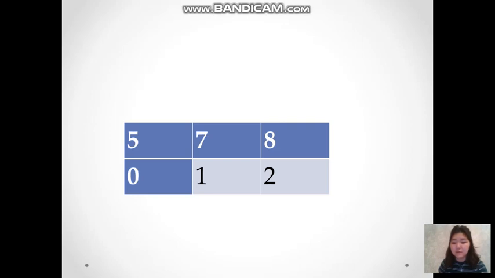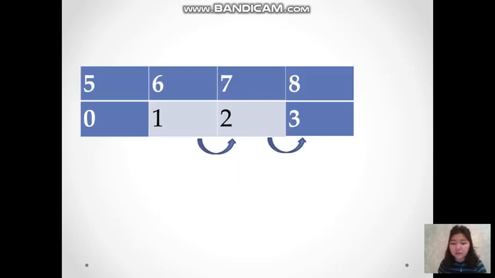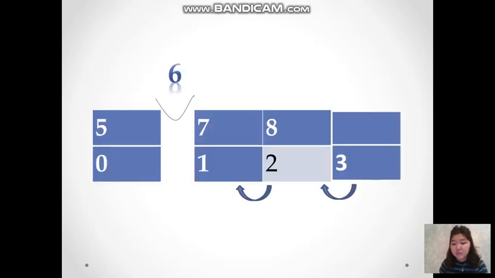It means 7 will take index 2, 8 will take index 3, and if you add an element in between, it will update the next elements. We have to change the index of every element, so it is time consuming. It will take some time, and there is one more problem with removing an element. For example, if you remove 6, all the elements after 6 will go up.